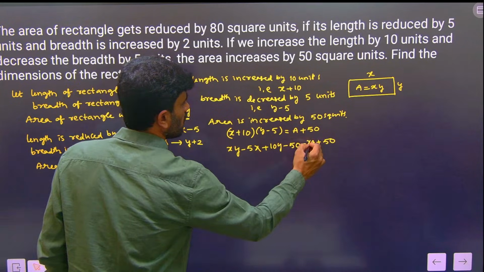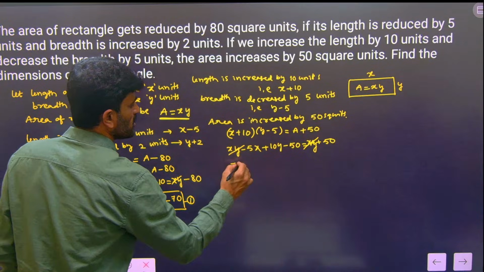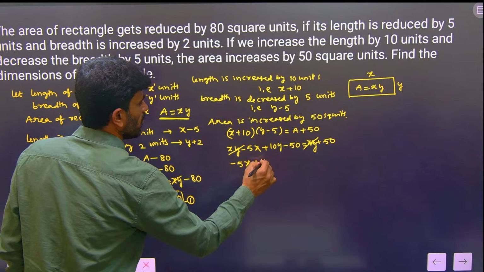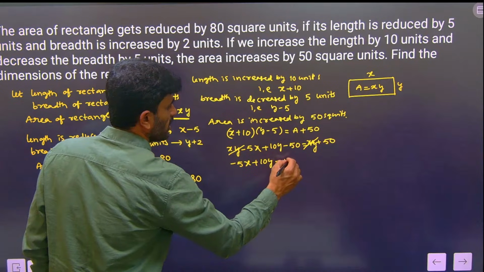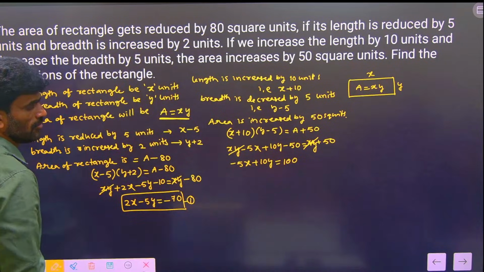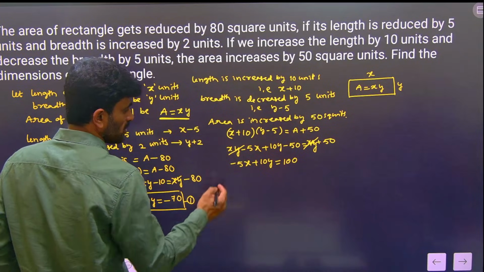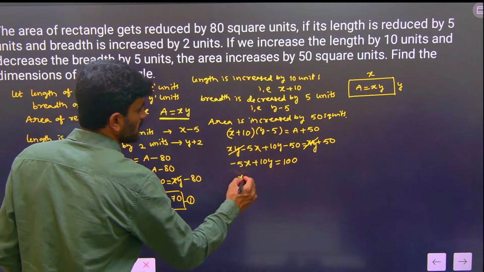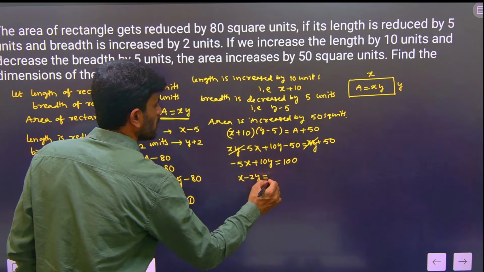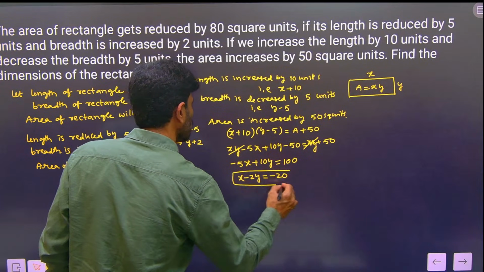A is what? xy, so xy again cancels. So our equation is minus 5x plus 10y minus 50 equals 50. If it goes that side, 50 plus 50 is 100. You can divide everywhere by 5, but let us divide by minus 5, so that the sign also changes. So x minus 2y is equal to minus 20. This is equation 2.